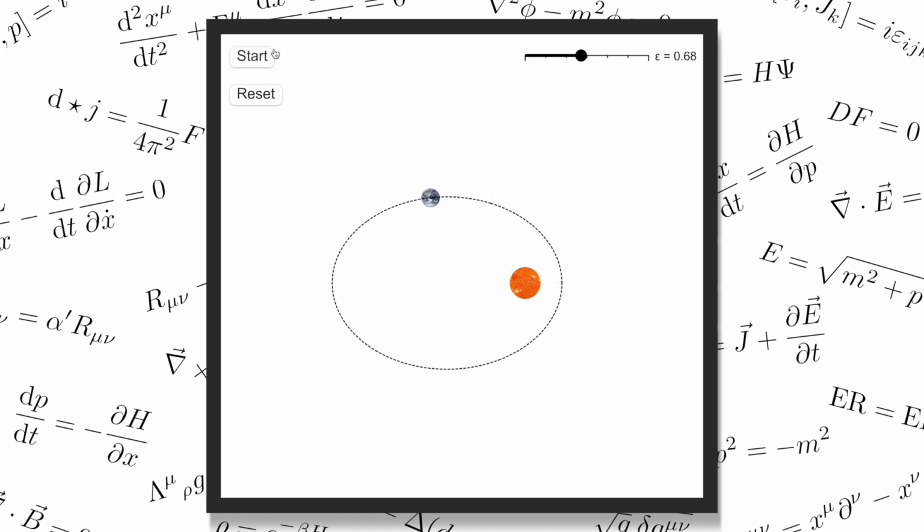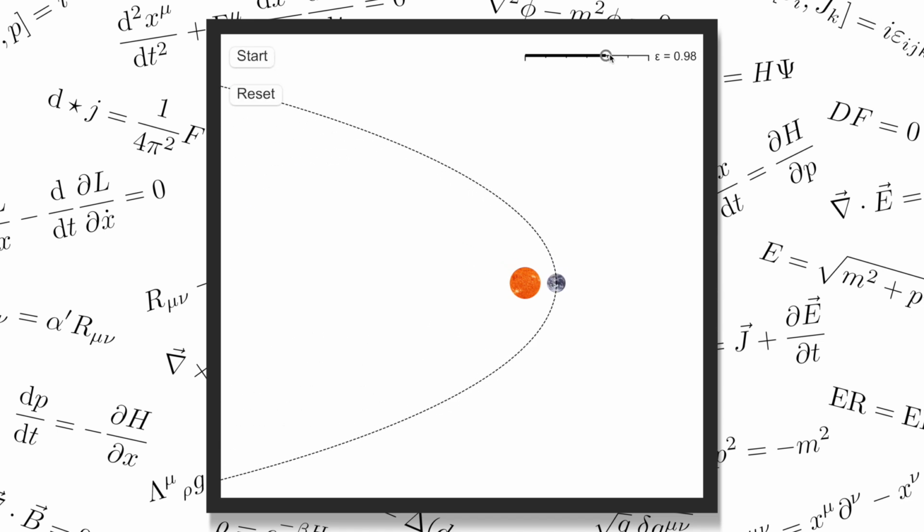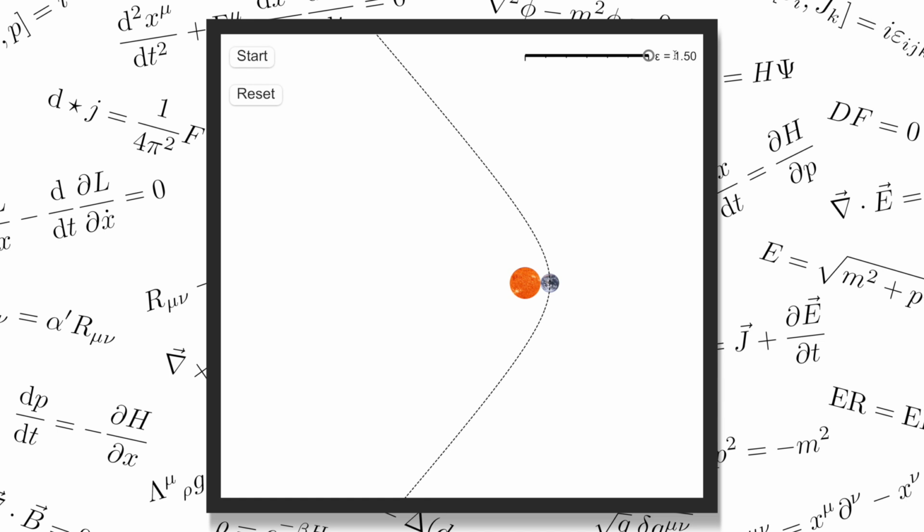And the speed of the planet is not constant anymore. You can see that it's slowest when it's farthest away and fastest when it's closest. That's because the angular speed, remember, went like L over mr squared. Now if I crank epsilon up even more, the trajectory becomes the hyperbolic path of something like a comet that slingshots around the sun.